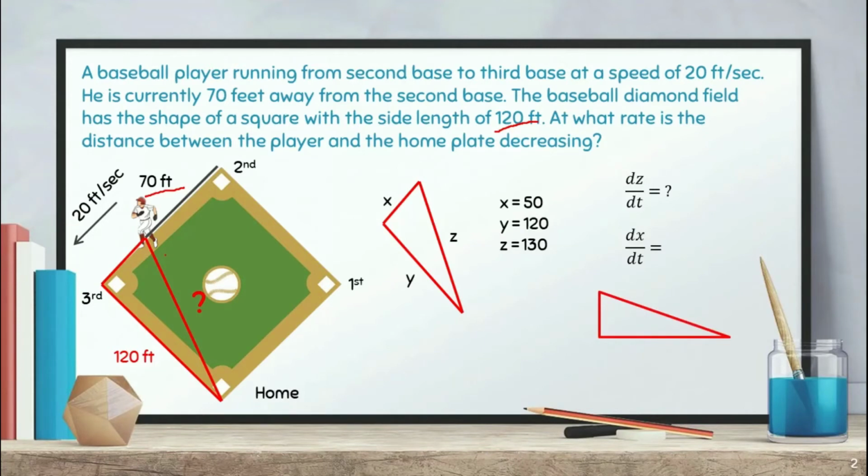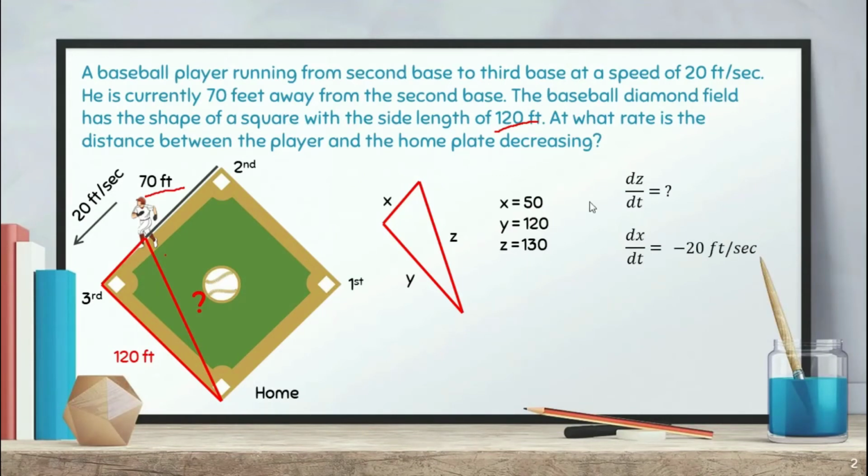So we have our right triangle here. This one is transformed to this one. So this part is our x. And here is our baseball player from this part traveling to the third base. So it is decreasing. Therefore, our dx over dt is equal to negative 20 feet per second.